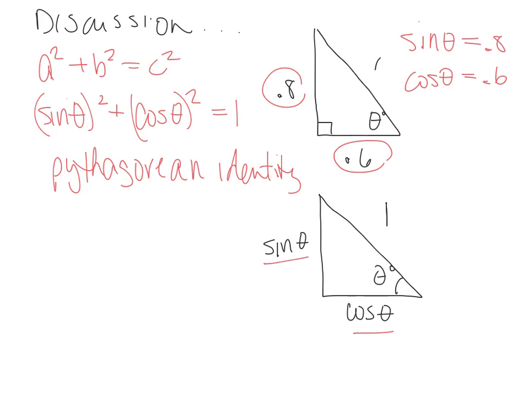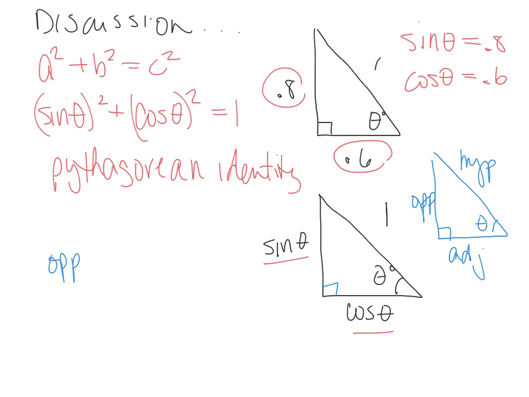We can talk about it in this way too. Let me draw a picture over here. If I have theta, I can have hypotenuse, opposite, and adjacent. I can also say that opposite squared plus adjacent squared equals hypotenuse squared.